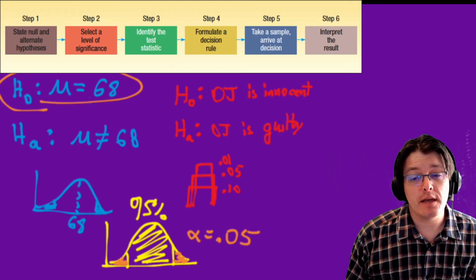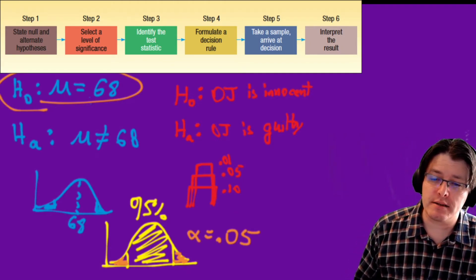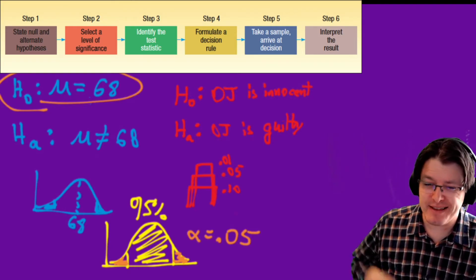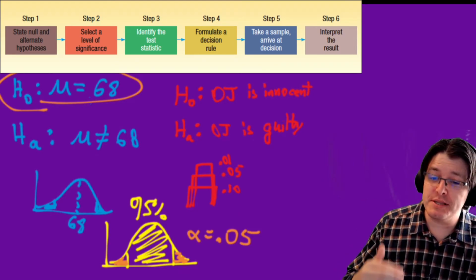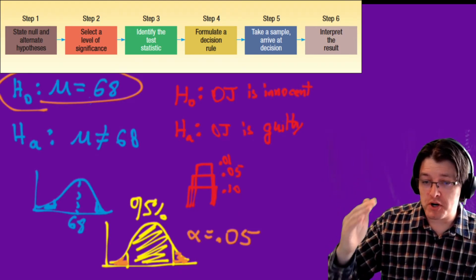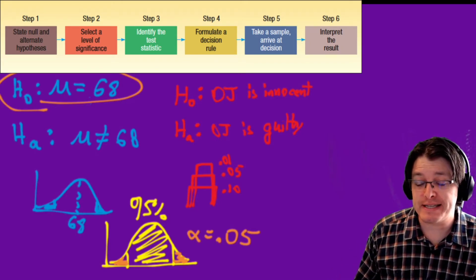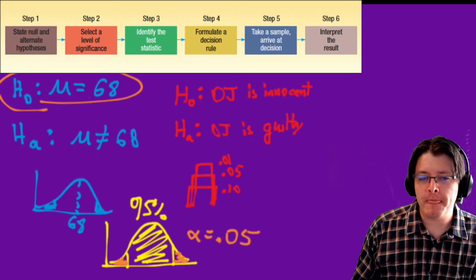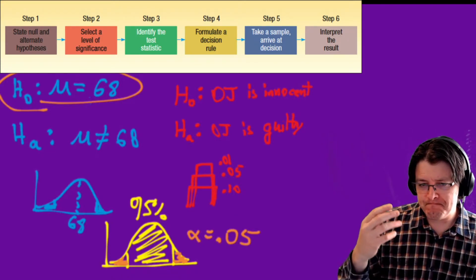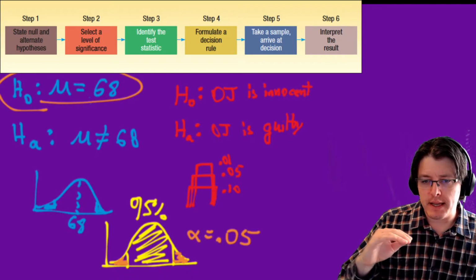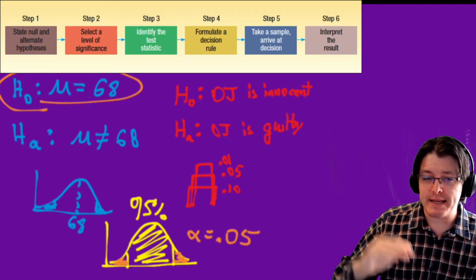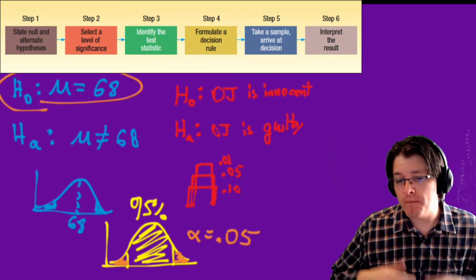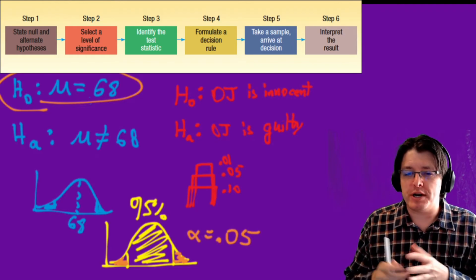OJ was found liable in civil court, mainly or partially because there's a lower level of evidence needed. And so he owed millions of dollars to the family of Nicole Brown. One way to interpret that is that they were able to clear the lower bar in civil court compared to criminal court. So that's just a way to frame what we're trying to do here.